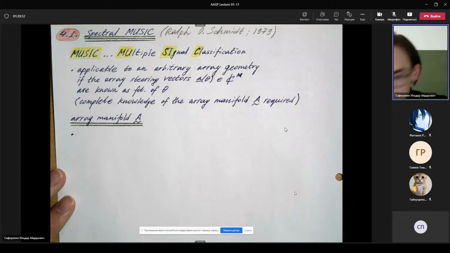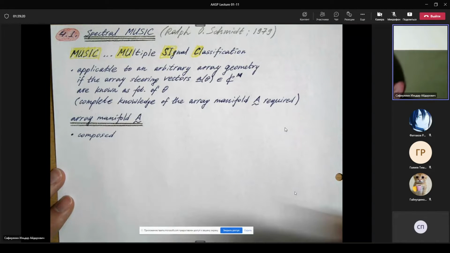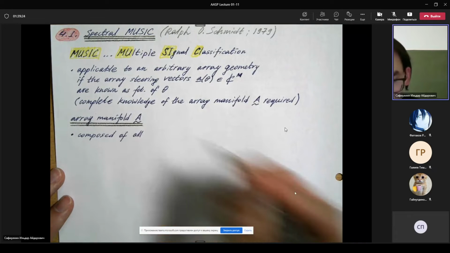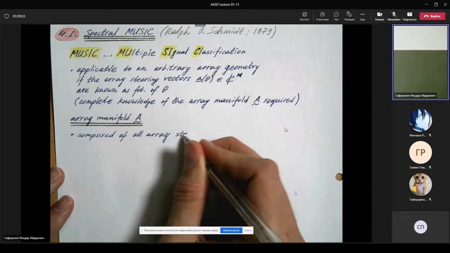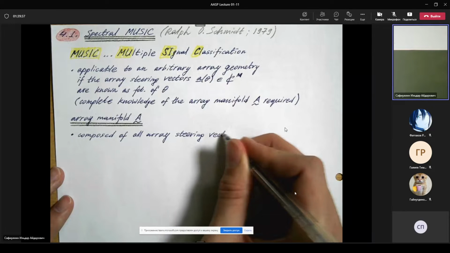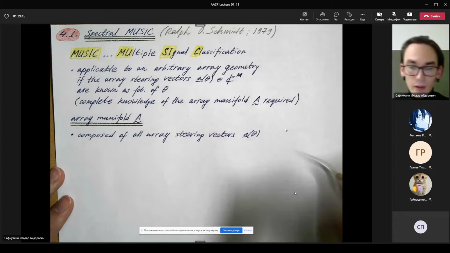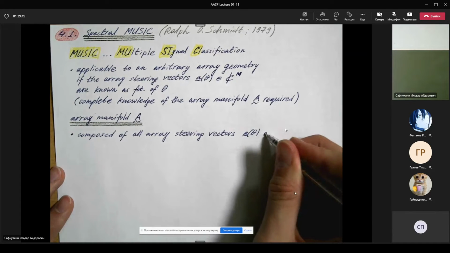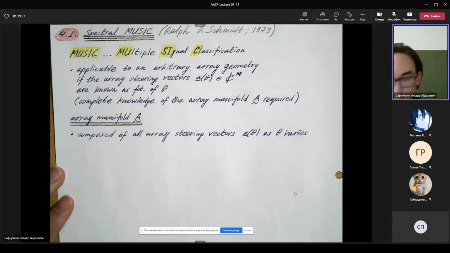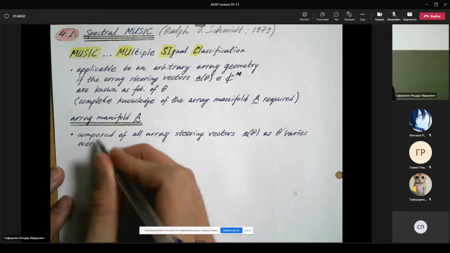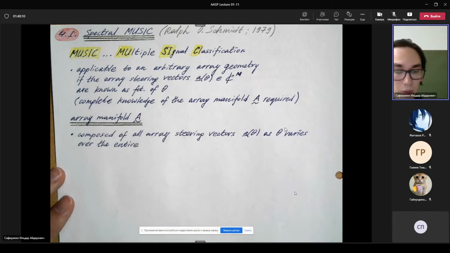Array manifold is composed of all array steering vectors, A of theta, as theta varies over the entire parameter space.